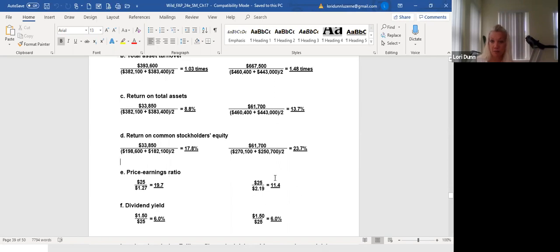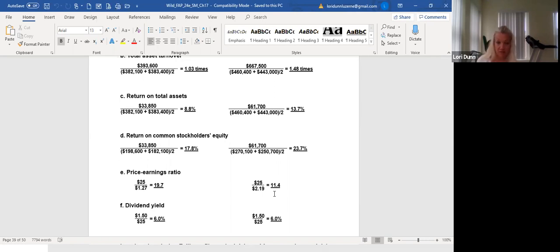For Ball Company, it's an $11.40 price change. So there's more dollar change in Fargo stock than in Ball stock.